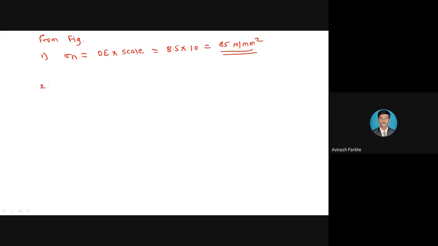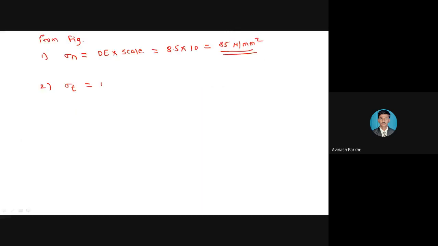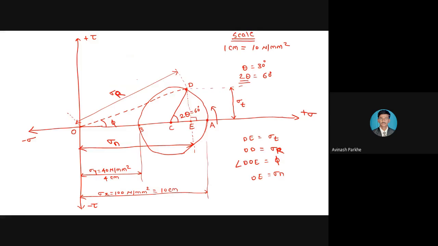Then second, sigma T is equal to, so for the calculation of sigma T, which distance I have to measure? I have to represent this DE distance. So DE distance, DE into scale. Yes, what is the DE distance? Your vertical distance from point D. 2.5, one answer.